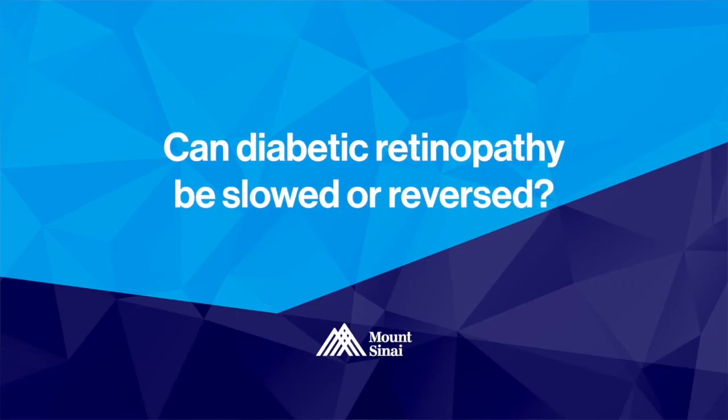So it's still very important, if you have a diagnosis of gestational diabetes, or if you have a worsening of your underlying diabetes once you become pregnant, to be seen by your retina specialist or your ophthalmologist even after you've delivered.